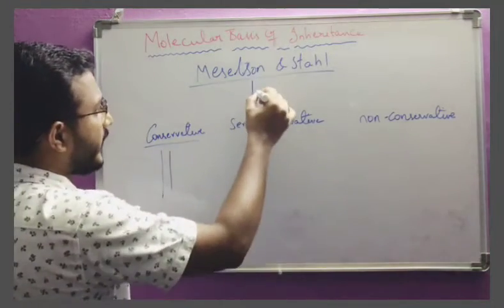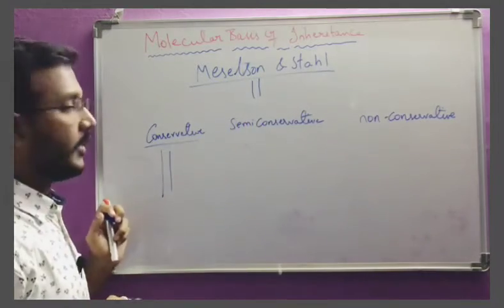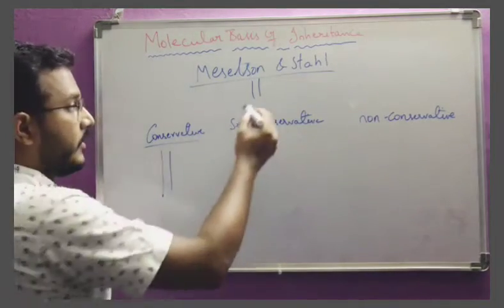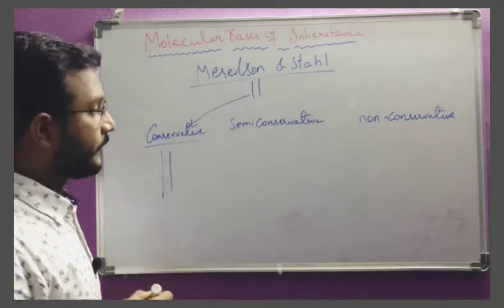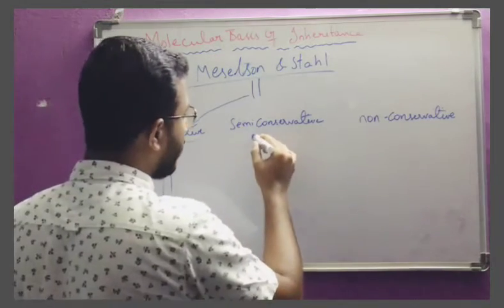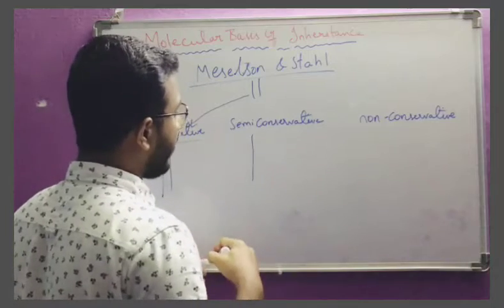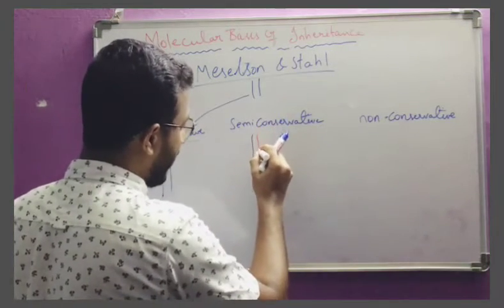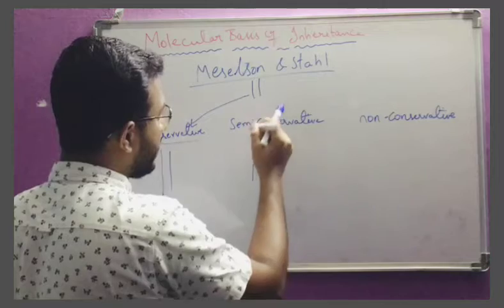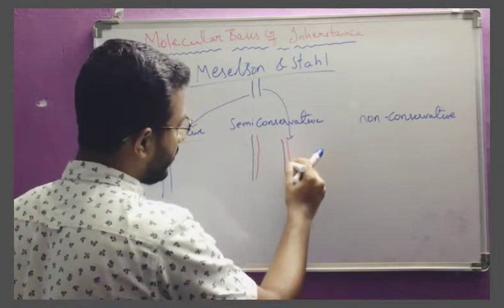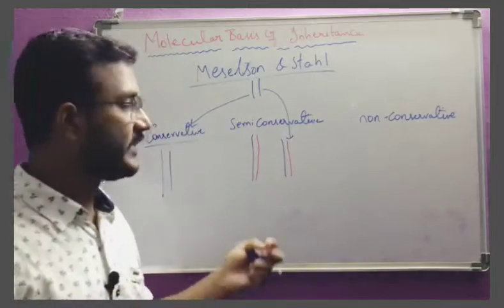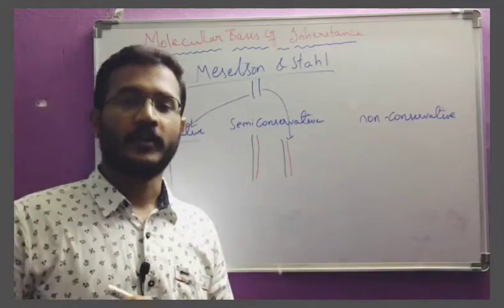For example, this is the parental DNA, and in the conservative model the whole parental DNA comes into the offspring. But in the semi-conservative method, one strand is parental and the other is a new strand. From this, one is parental and a new one is synthesized. This is the semi-conservative method.